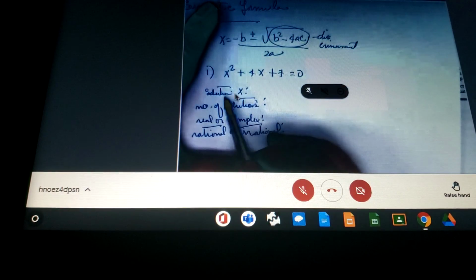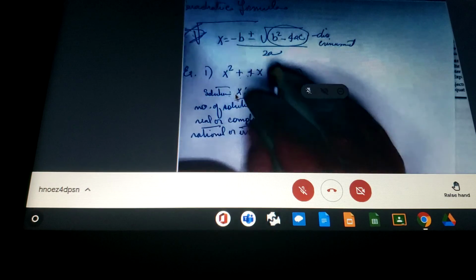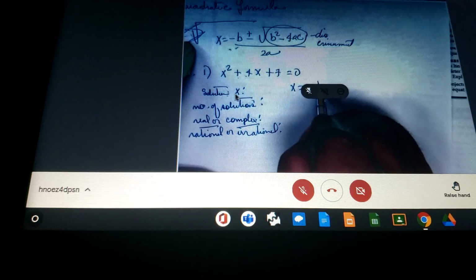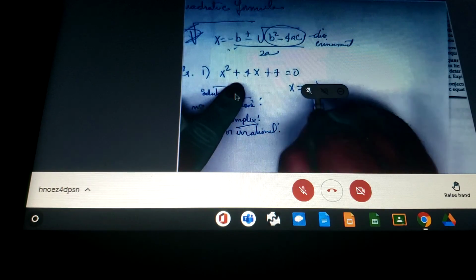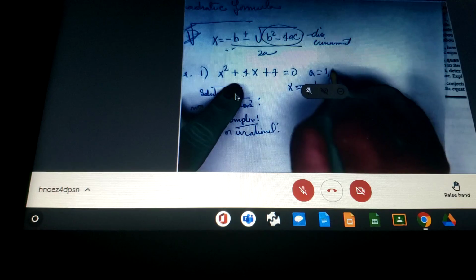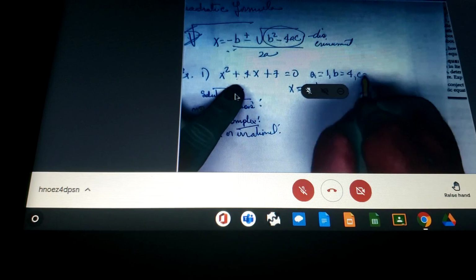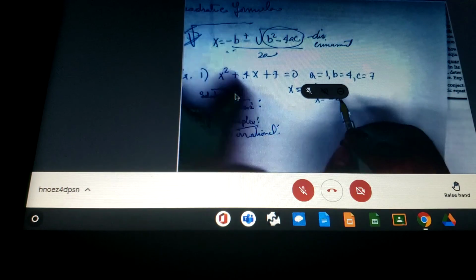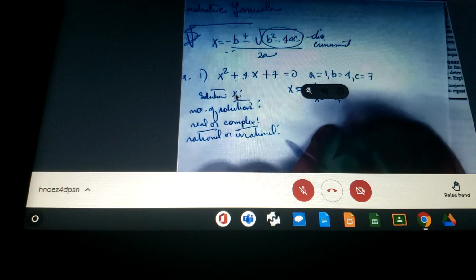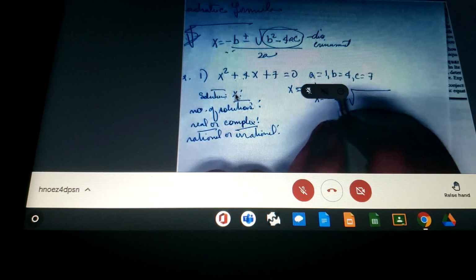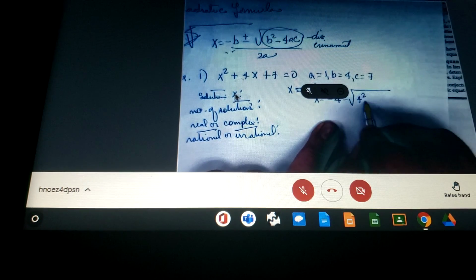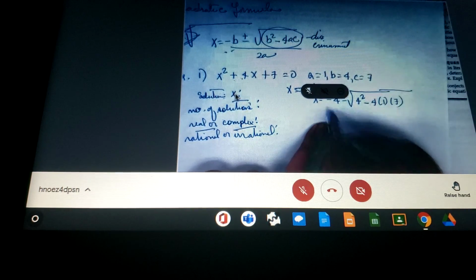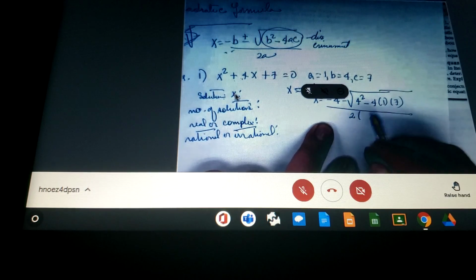So, what is the solution of this? We need to use this one. X, therefore, is negative b plus or minus the square root of b squared minus 4ac, over 2a. Let's say a is 1, b is 4, c is 7. So, negative 4 plus or minus the square root of 4 squared minus 4 times 1 times 7, over 2.